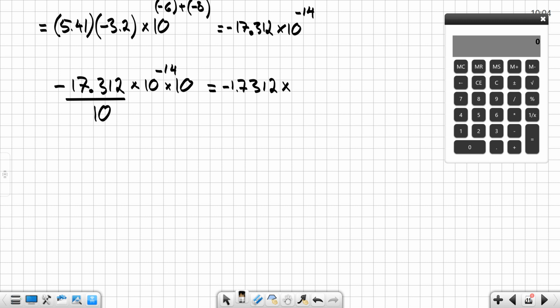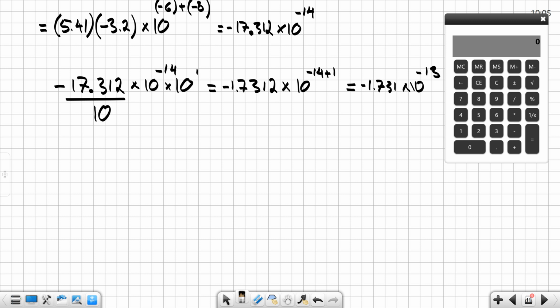And in the back, what I have is 10 raised to the negative 14th times 10 raised to the 1 is negative 14 plus 1. And that means I have a new exponent, and that is times 10 raised to the negative 13. All right.